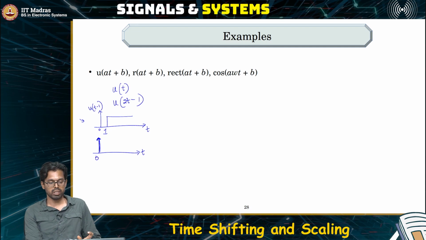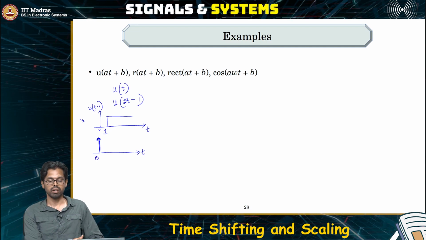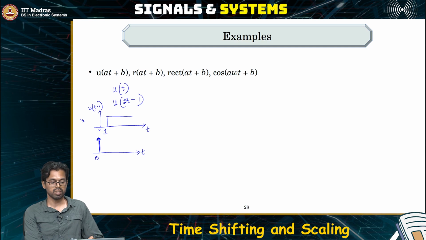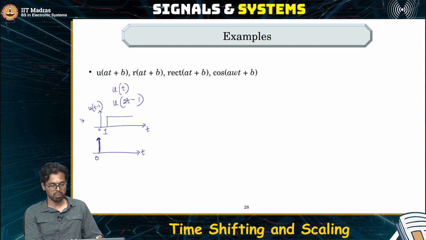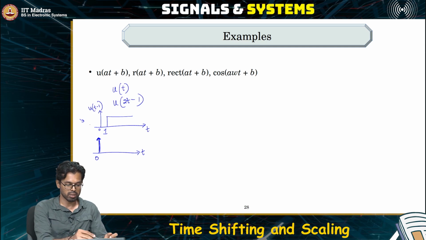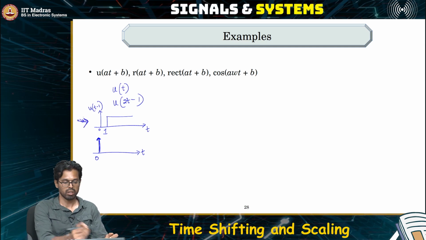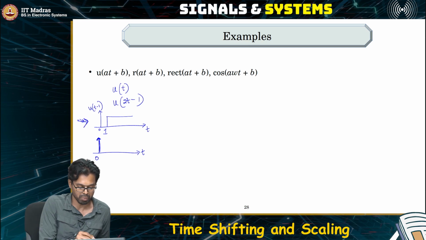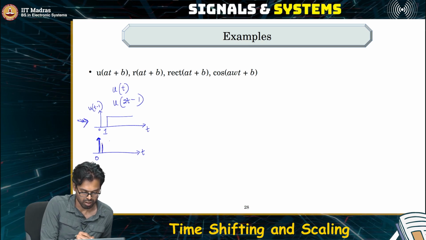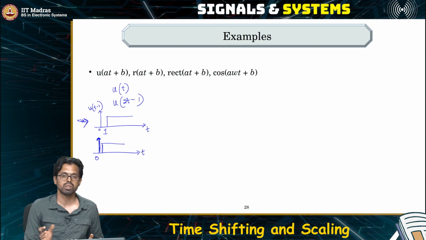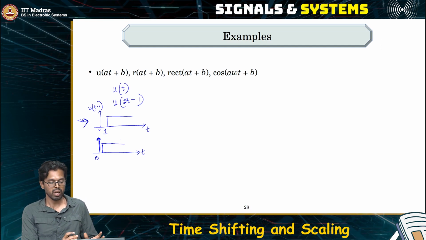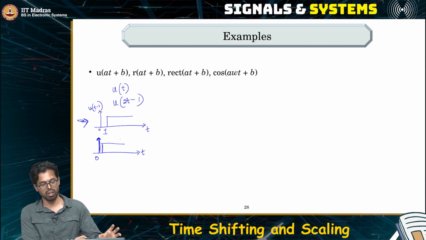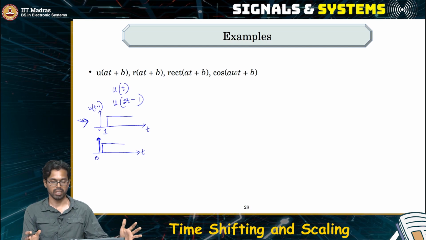Now because the constant a here is positive, there is no time reversal and it is greater than 1. Because it is greater than 1, it is going to get compressed. So the entire signal that is present here, you just compress it. So if you compress it, what do you get? Everything gets squished towards 0. So compression, remember, it's compression towards 0. So just squish the entire signal from either sides.